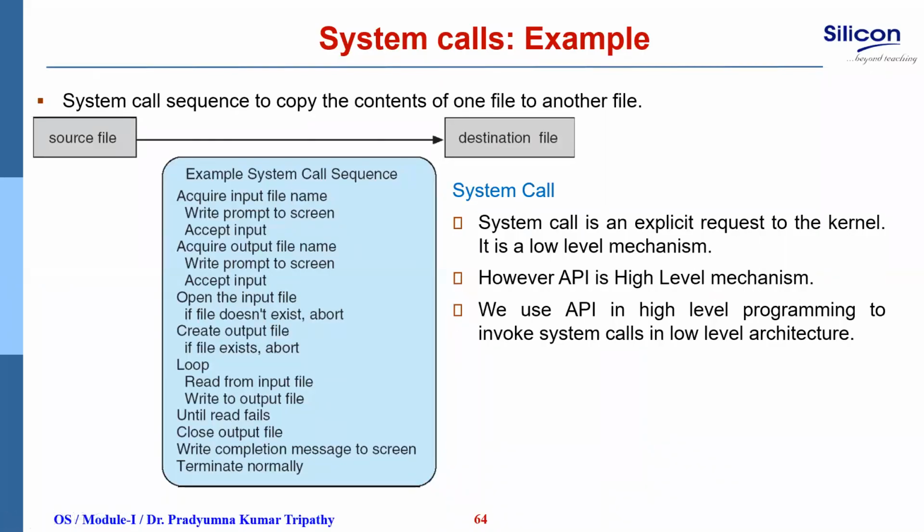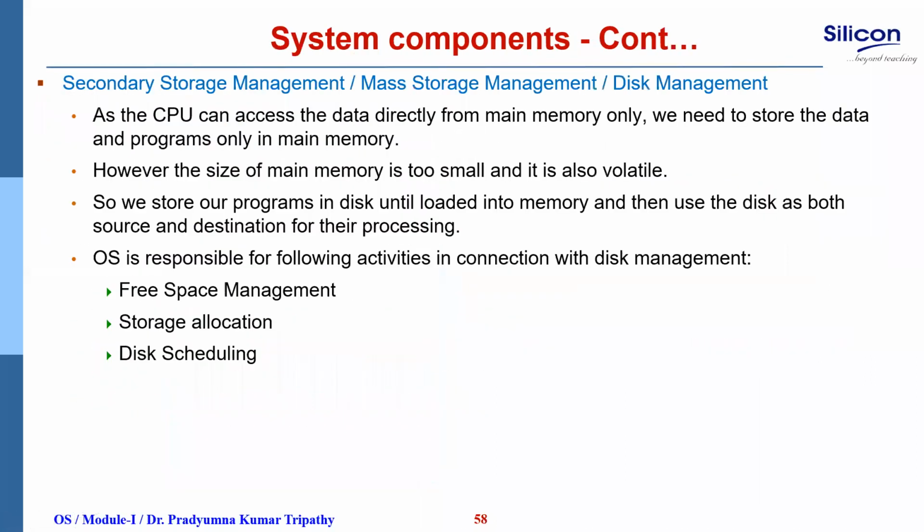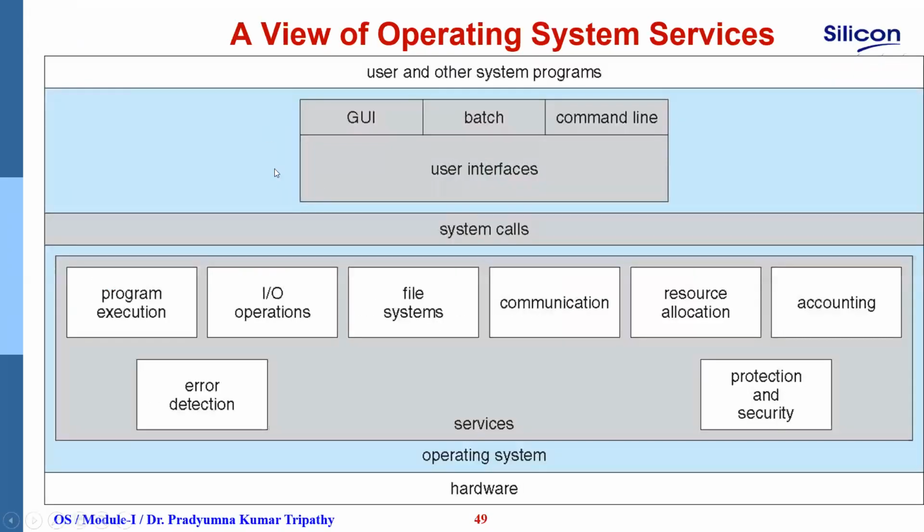Okay. See over here, this is where the system call is actually implemented. If you go for this figure, you will understand better. The system calls are implemented here by the operating system so that it can provide these services, usually in a low level language. The user program usually cannot always write low level programs.